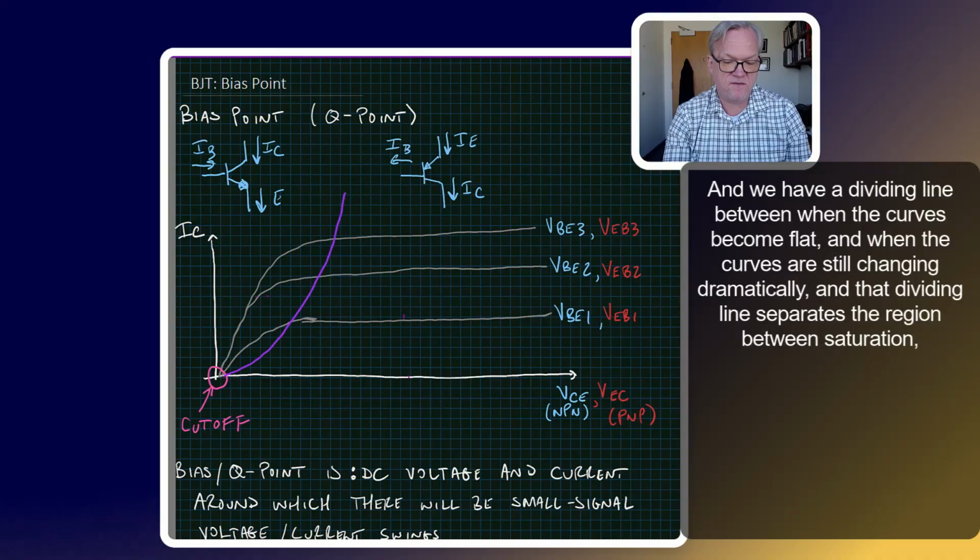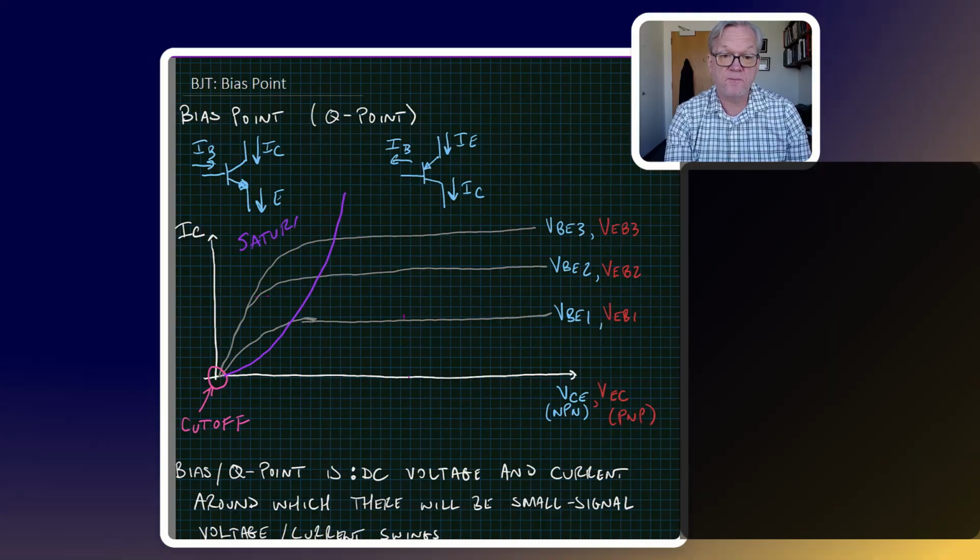And we have a dividing line between when the curves become flat and when the curves are still changing dramatically. And that dividing line separates the region between saturation and the forward active region.